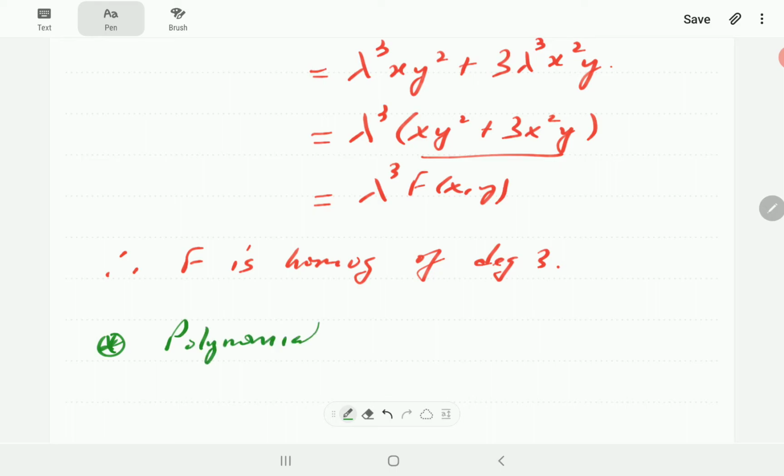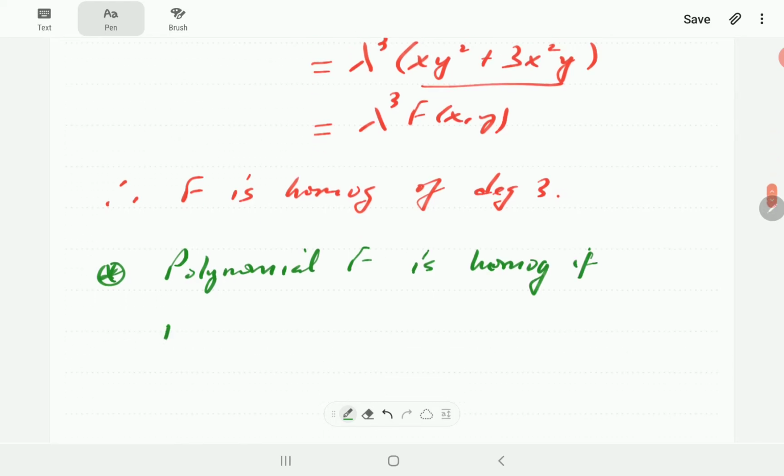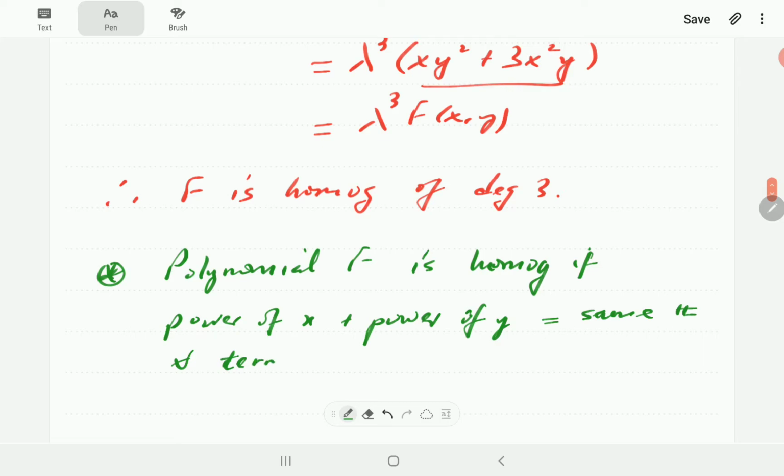So polynomial f is always going to be homogeneous if the power of x plus the power of y is equal to the same number for every term, for all the terms.